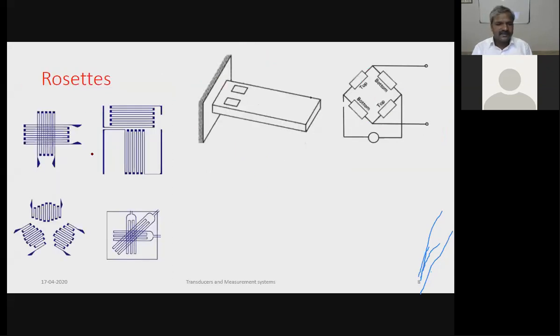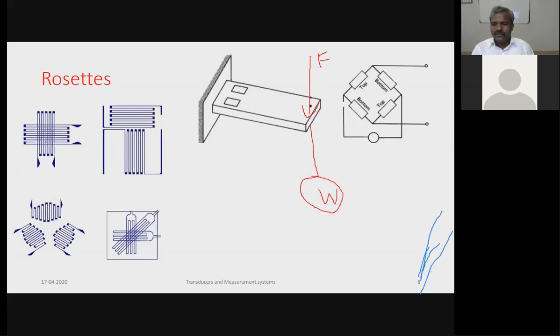So next is this are all rosettes. I already explained before. The strain gauges are mainly, you could see in the laboratory, this strain gauge is a cantilever beam. So to detect when we apply force or weight, you can do some experiment using weight, placing weight.